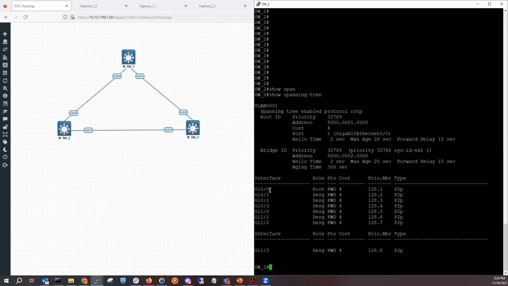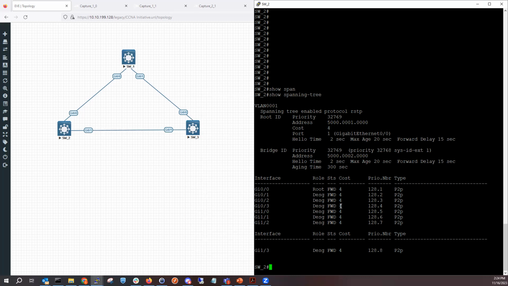We have, of course, gigabit 0/0, which has the root port role, and all the other ports are designated ports. So we have no ports that are blocking. My theory that I stated was that this is going to be the designated switch, the next switch running up to the root.